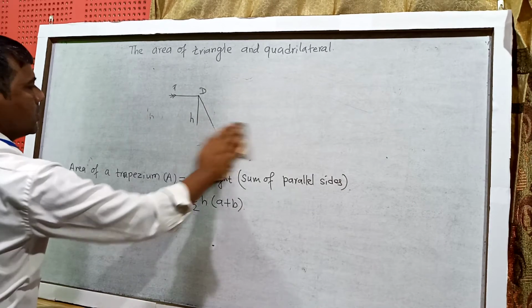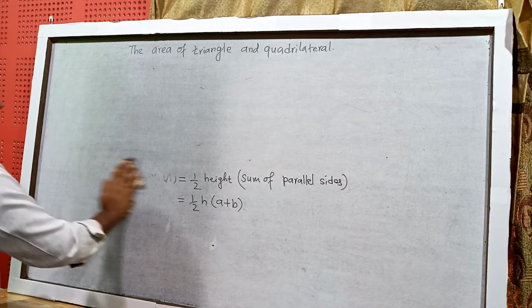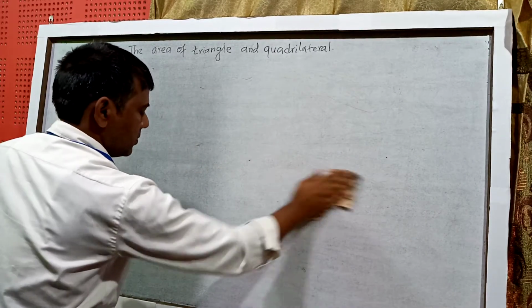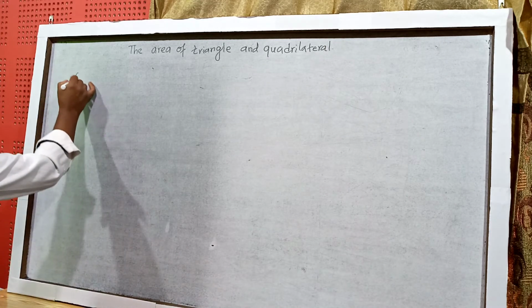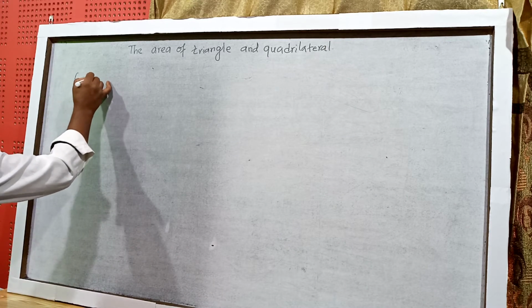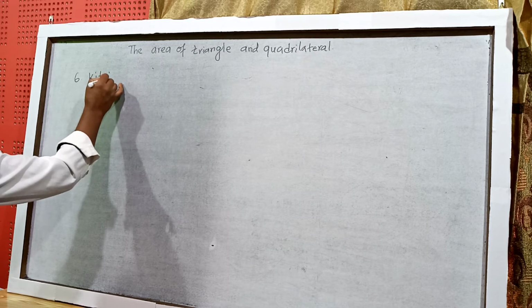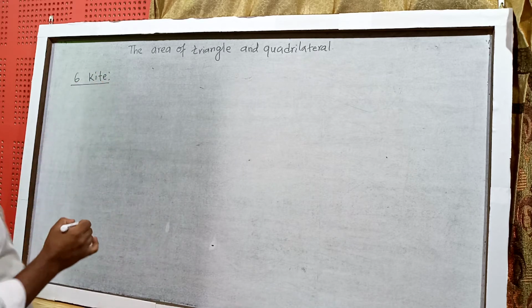Next, kite. It is a quadrilateral whose adjacent sides are equal.